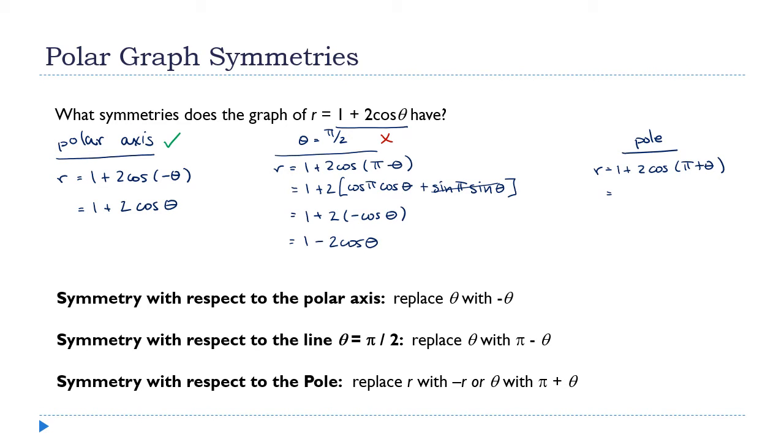And now I'm going to use the formula again. 1 plus 2 times cosine pi cosine theta minus sine pi sine theta. This is almost the same thing. Sine pi is 0, so this part goes away. This part is negative cosine theta, so this also comes out to 1 minus 2 cosine theta, which is not the original. So this one does not have this kind of symmetry. It is symmetric with the polar axis and nothing else.